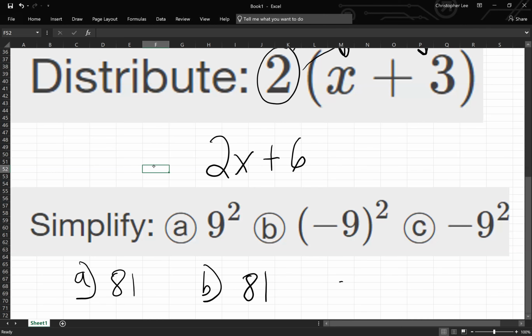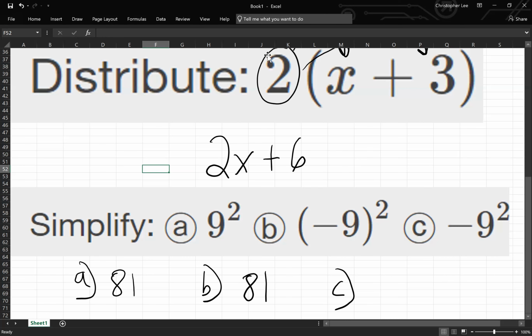That's 81. All right, so how about C? I have negative 9 squared. What's the answer to that one? So I heard negative 81.